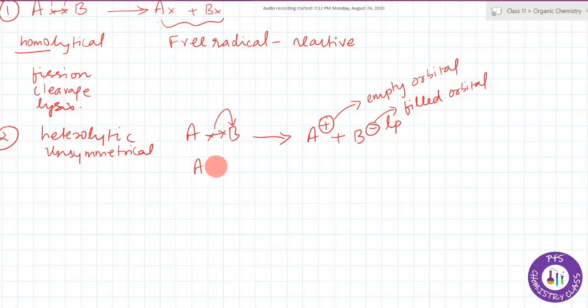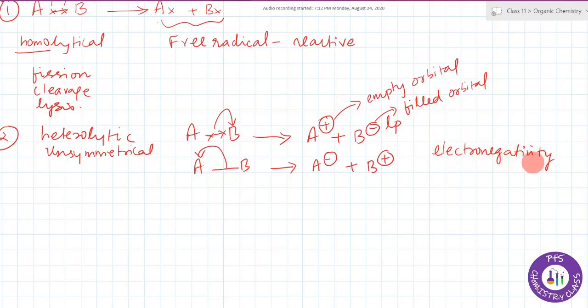It can go to either B or A. So you have a bond like this. It can also form like this, A minus, B plus. Which atom gets the electrons depends upon the electronegativity of the atom. If you remember in the previous class, in the inductive effect, I showed you one example like this.